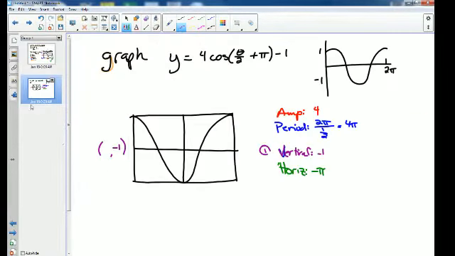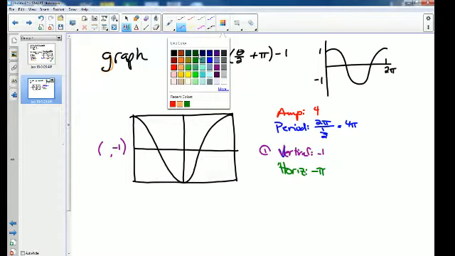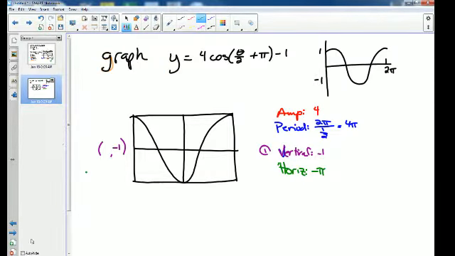Yeah, we did horizontal next. Oh, we're doing this as the parent graph. It's minus 1, 0. No, the center is -1. We're shifting it down 1, so we are still on -1 here. So the horizontal is -pi, right?